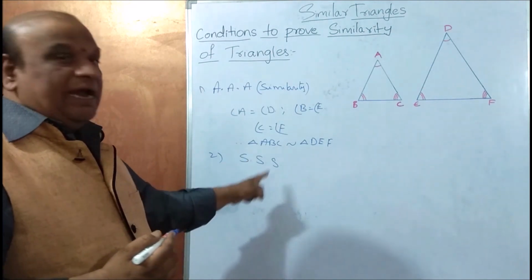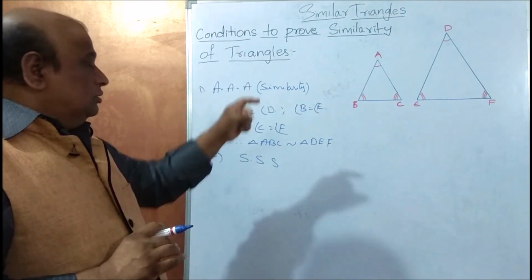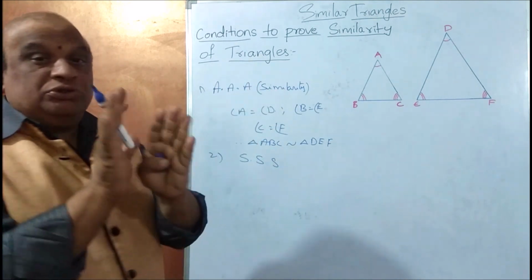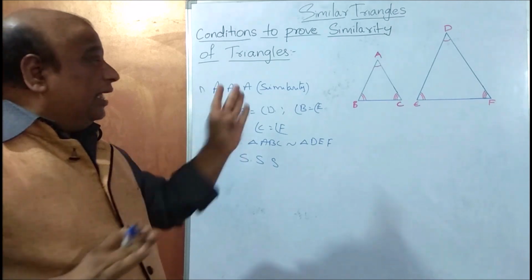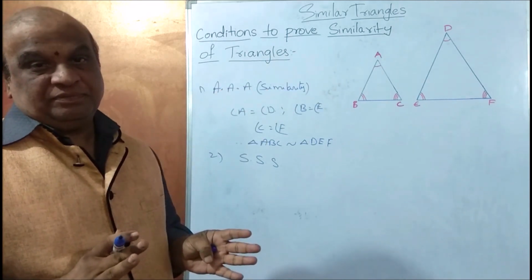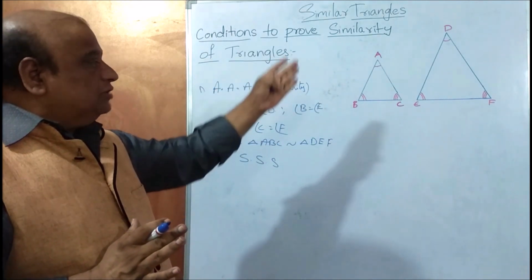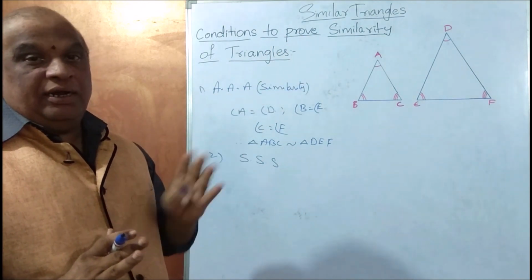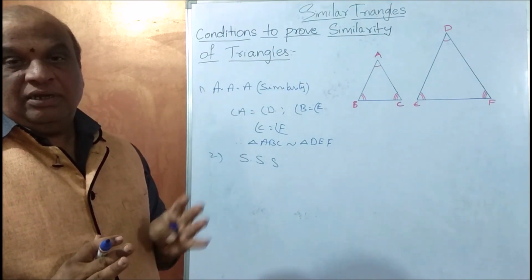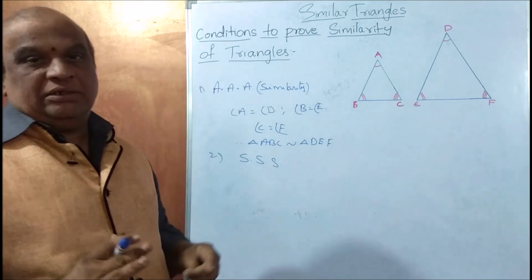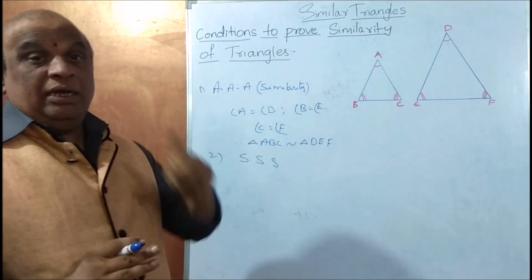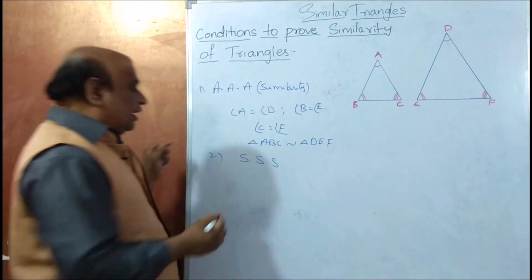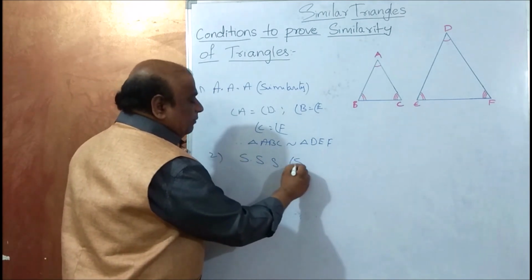Here, side. Checking sides means we should not check the lengths of sides. AB is equal to DE, it is not correct. That is only in congruent triangles. Here we have to check the ratios. What is that? SSS similarity.